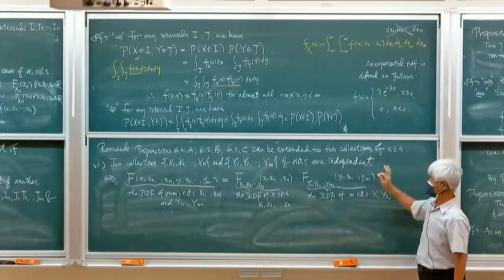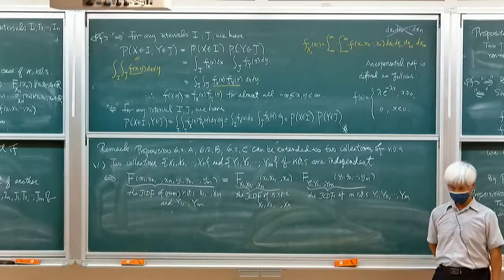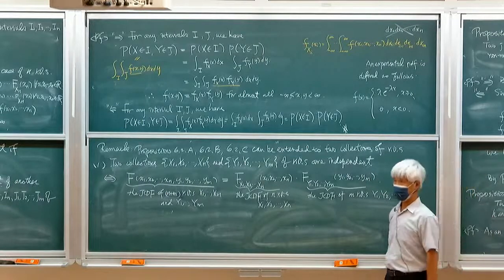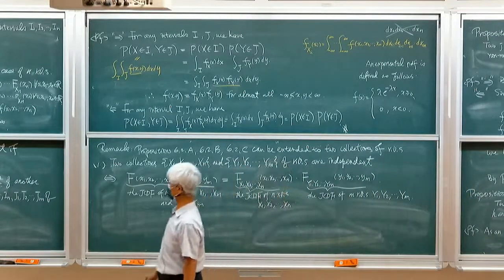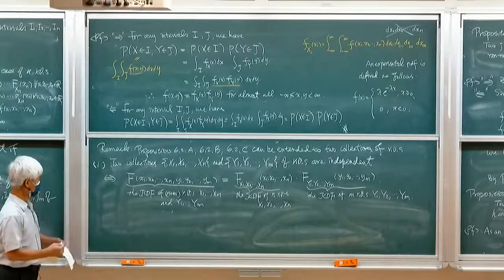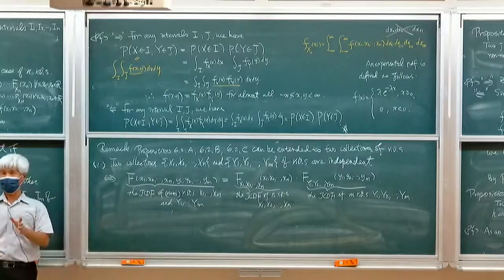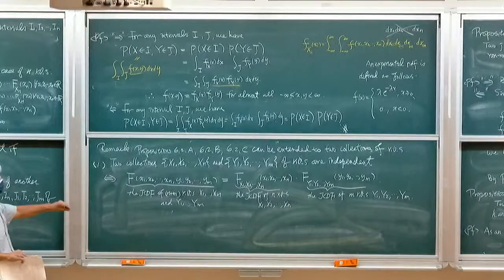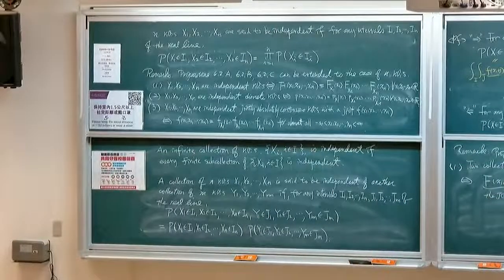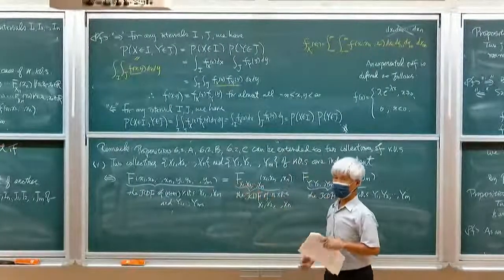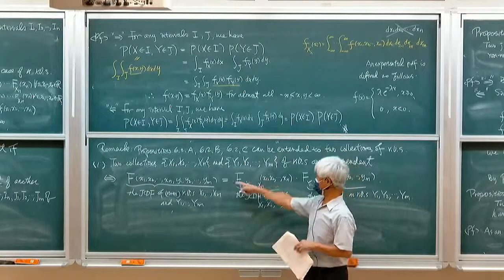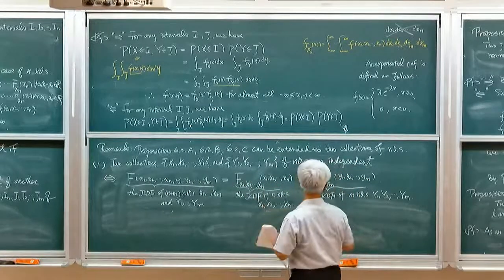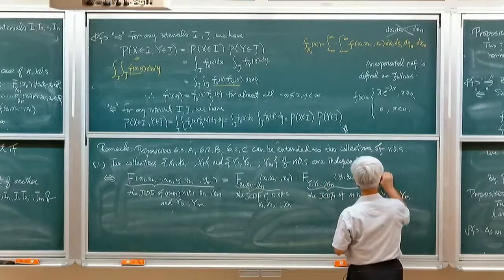Okay, so this is the if-and-only-if condition. So from this result, you see it's not difficult to identify whether two collections of random variables are independent. Just observe whether you can have such an identity.